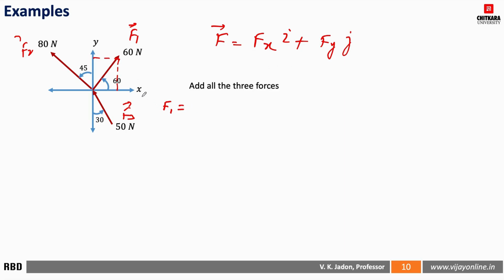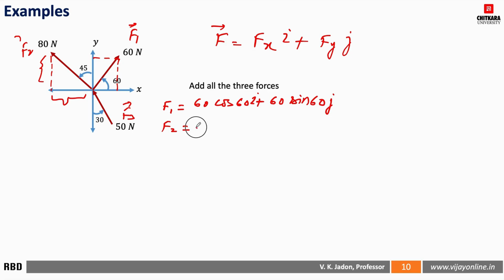So for F1, Fx is 60 cos 60 i plus 60 sin 60 j. For F2, this is the vertical y component and this is the x component.